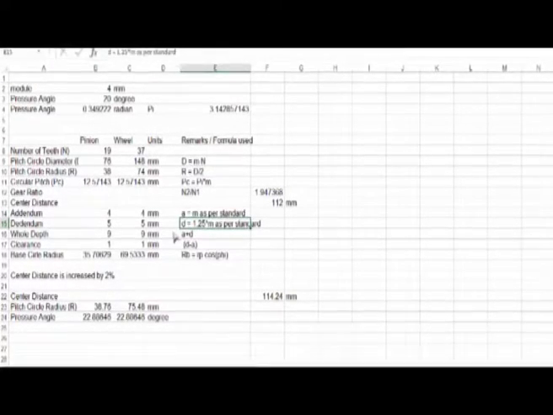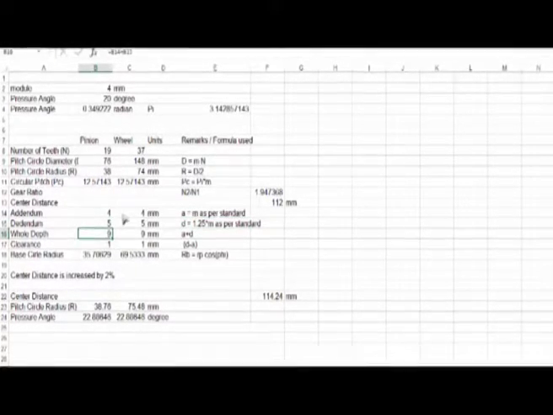Dedendum is 1.25 module as per the SI standard formulas, so the dedendum is calculated to be 1.25 times 4, which is 5 mm. The whole depth, which is addendum plus dedendum, is 4 plus 5, which is 9, and the clearance, which is dedendum minus addendum, is 1 mm. And finally the base circle RB is equal to RP cos phi, and therefore you will have the base circle calculated to be 35.7 and 69.5 mm respectively.